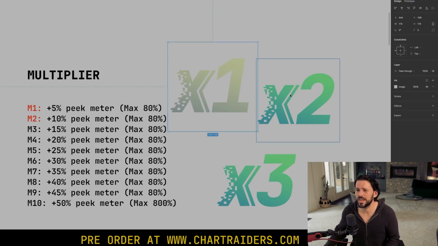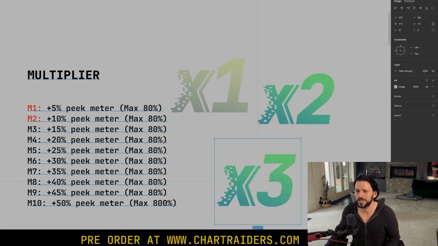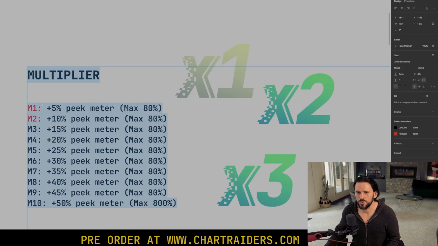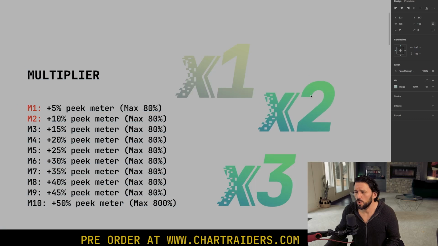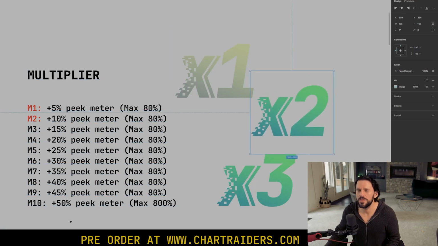But the way it works is every time you take a successful trade, you get one of these bonuses at random from our 10 different categories. So the first one, you hit M1 randomly on this set of multipliers, you get plus 5% peak meter. If you also by random hit, oopsies, we need to actually grab this. You also hit number 2 by random on this set of benefits.